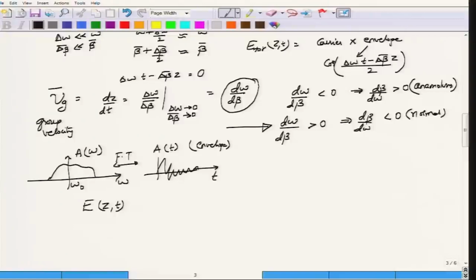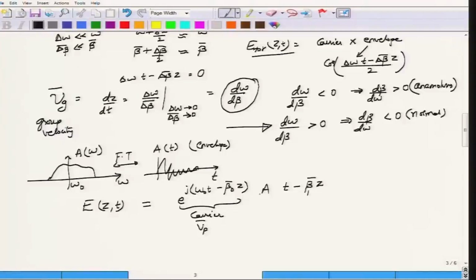So, the envelope has to be multiplied by the carrier to become the electric field, as you can see here, right. So, just the envelope is this A of t. So, you will see that the total electric field can be written as e power j omega 0 t minus beta 0 bar into z, which would be the carrier moving, and the velocity of the carrier is the phase velocity V p bar, times the envelope, which will be a delayed version, assuming that this is a lossless medium. The envelope will be a delayed version, which is given by t minus beta 1 bar into z.